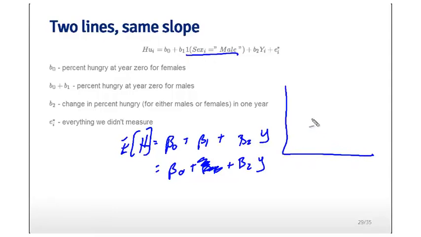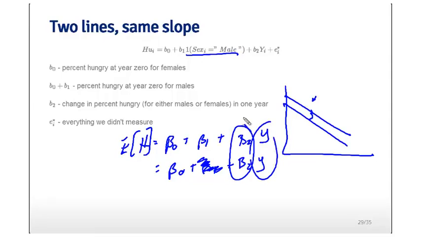What does that look like? We're saying there's two lines, and it's encouraging that the lines are going down. What this is saying is that there's a line for males and a line for females, and they share the same slope with respect to year.